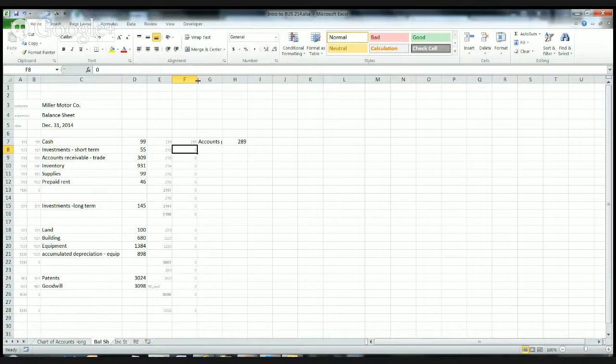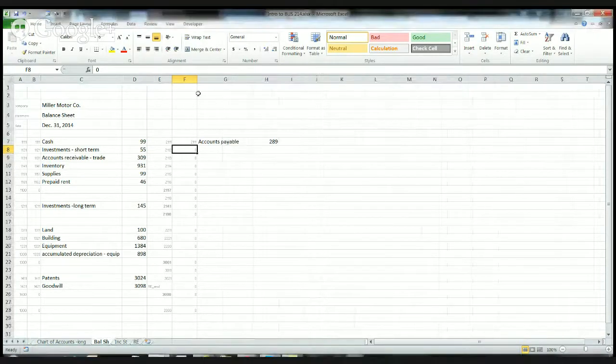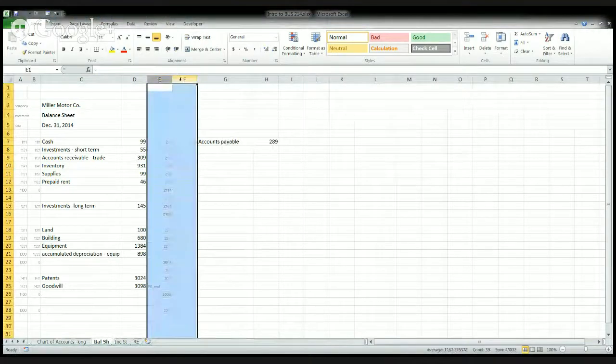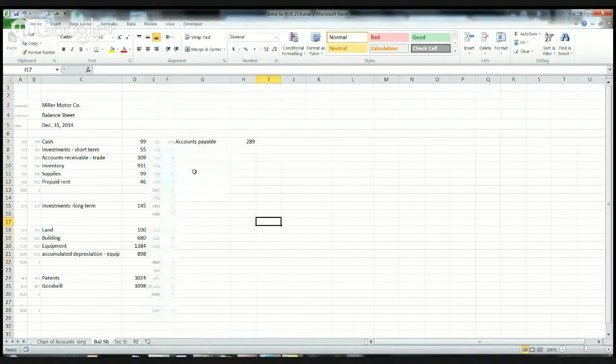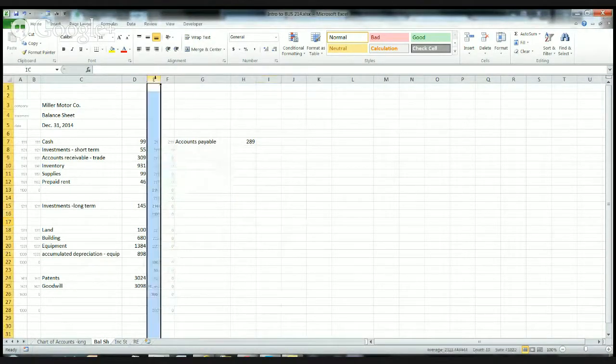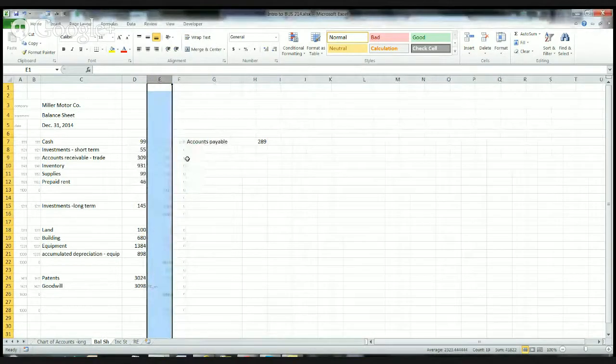We can borrow it, or we can have our owners invest in it. So I'm going to stretch this out a little further. I'm going to narrow these two down. Notice the arrow across the two. I'm going to change the column width to 4. There we go. I want a little more space there, so I'm going to put that back to 8.